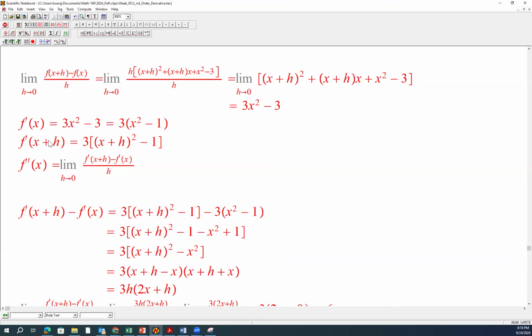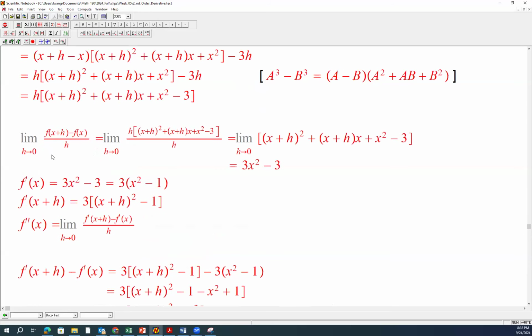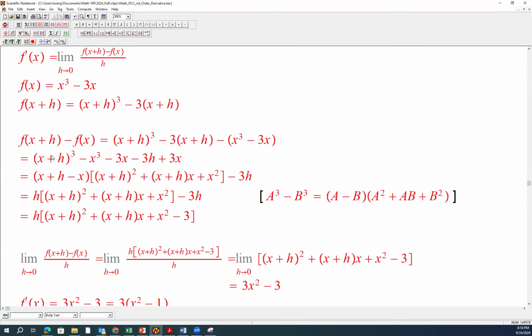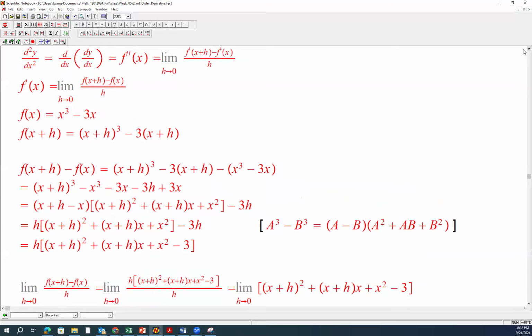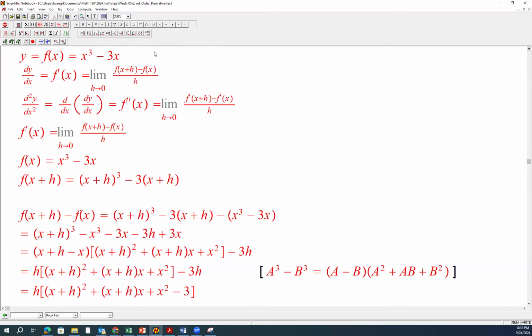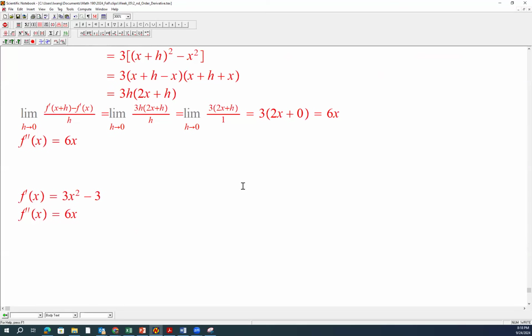The function, where's our function? Our function is there. Our function is here. All right. The function, first order derivative, second order. So that's how we use the definition to find them.